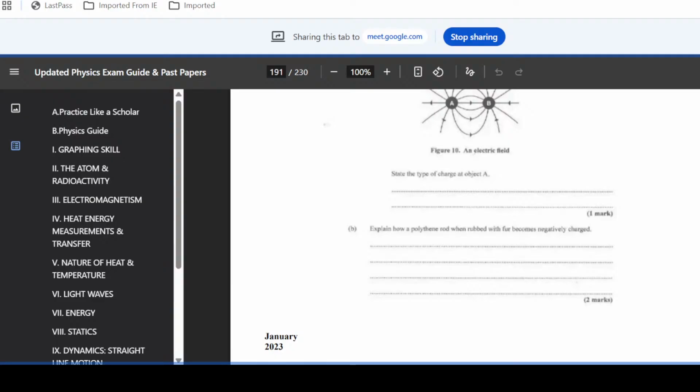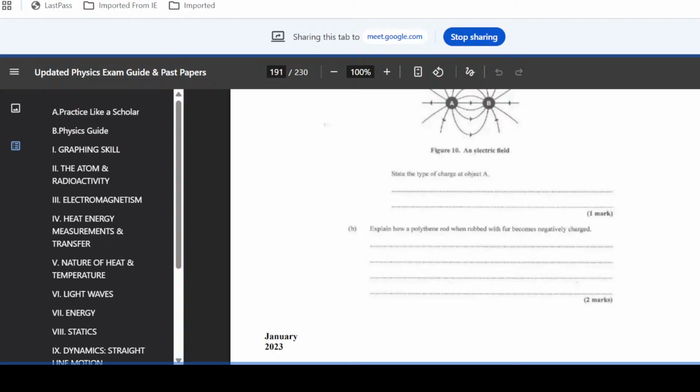A smaller uncharged sphere Q is suspended by a cotton thread and brought close to the positively charged sphere as shown in figure 9. Draw the distribution of charge on sphere Q. So Q is brought close to this object.